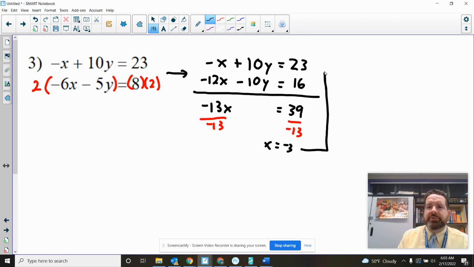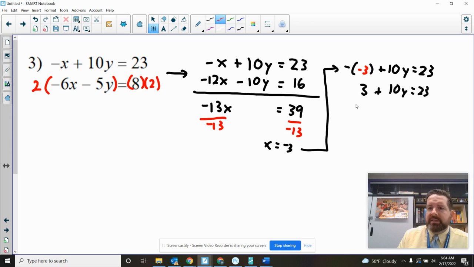Okay, then go now to either of these equations, put the -3 in where the x is, and solve for the y. I think I'll use the top equation this time. So -x, and I think x is -3, plus 10y equals 23. Now the opposite of -3 is just 3.